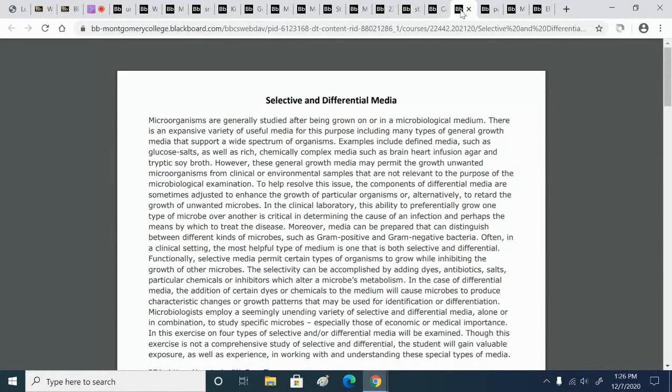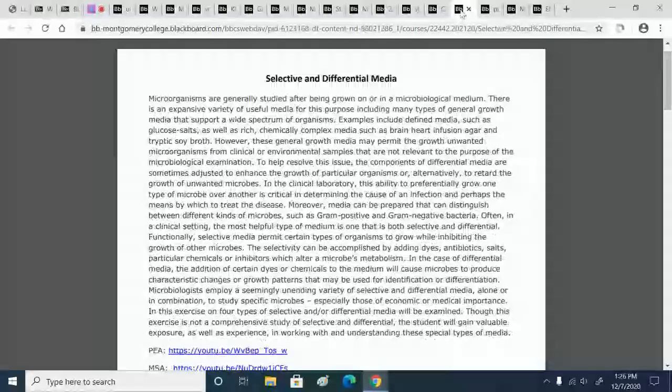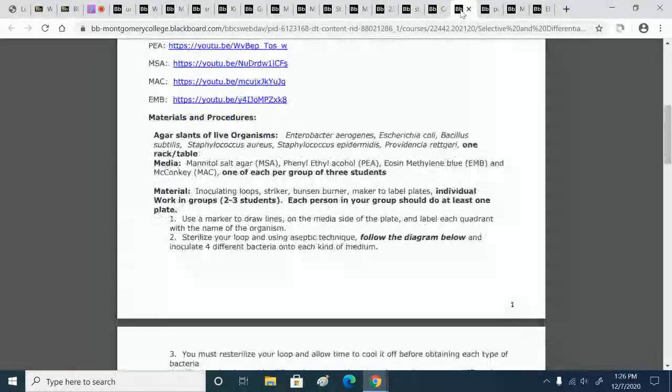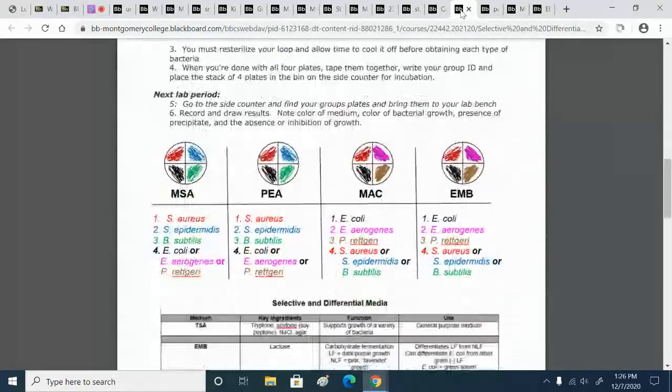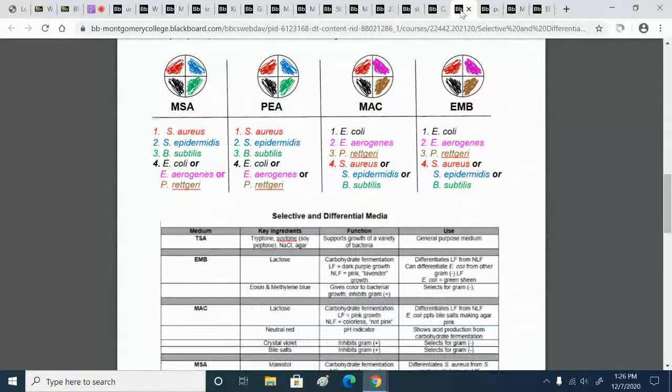And usually that's with a color change. A medium can be either selective or differential or both. We put chemicals in that allow a medium to do what it is supposed to do, either select or differentiate.